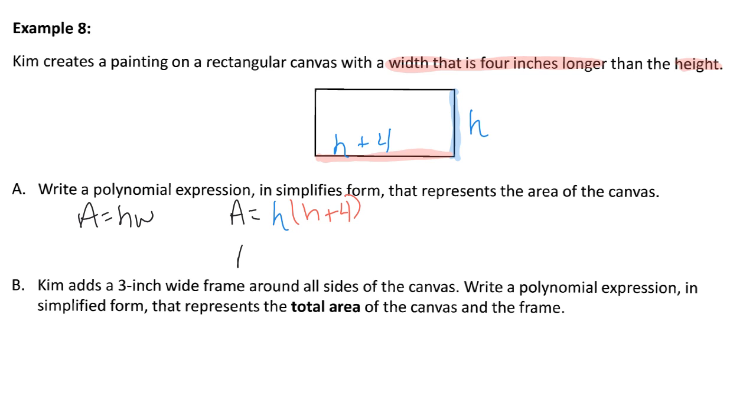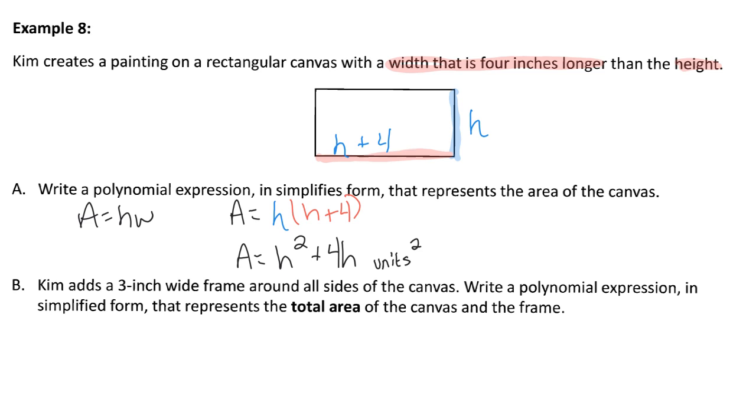I'm going to distribute in that h. So now my area is h squared plus 4h. Make sure you have a label here. Don't forget our label is units squared.